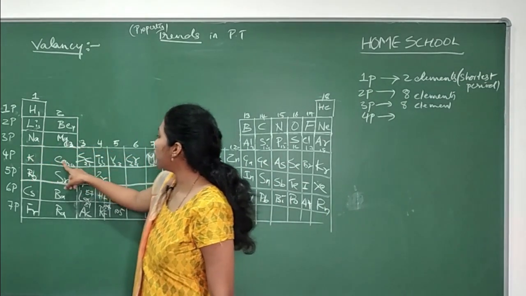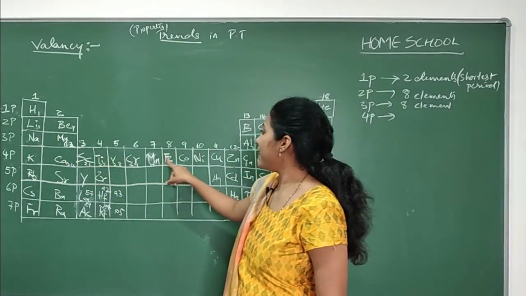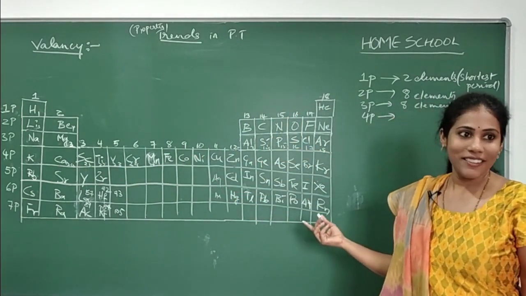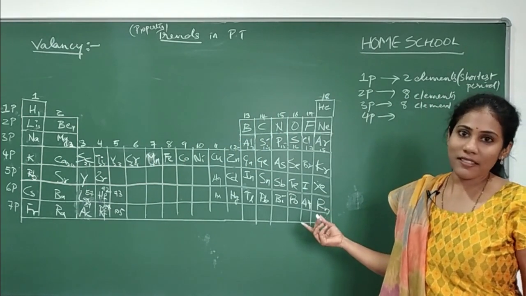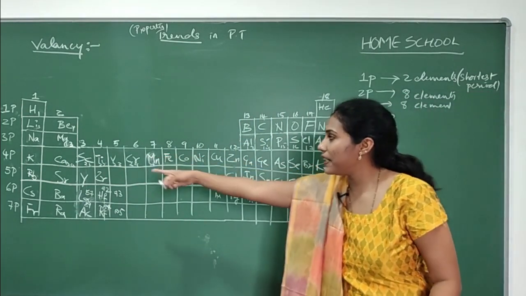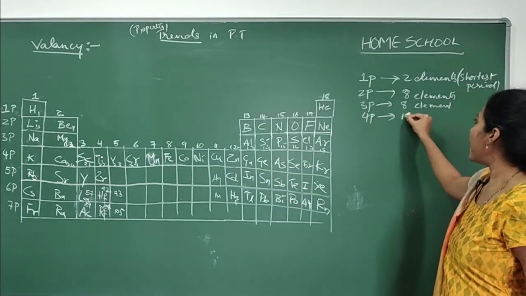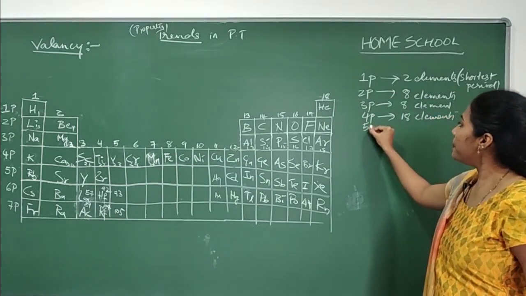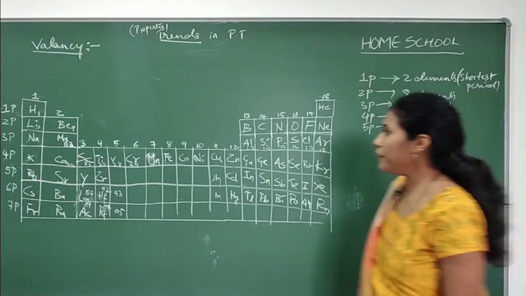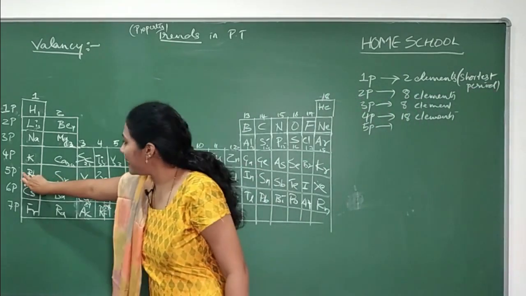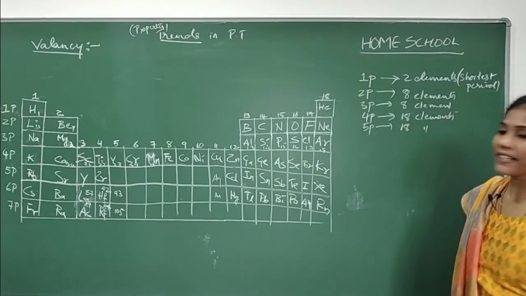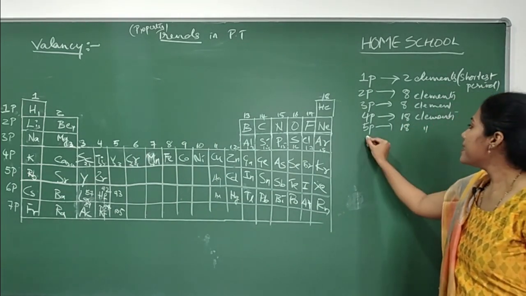There are 18 groups, and each group has one element, so the fourth period has 18 elements. The fifth period also has 18 elements only.